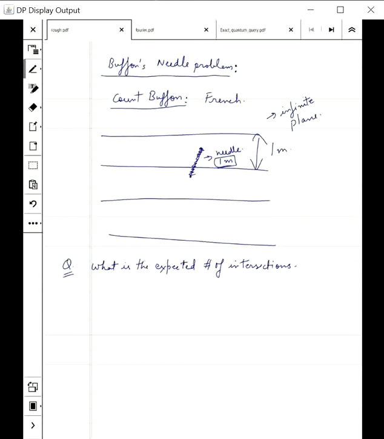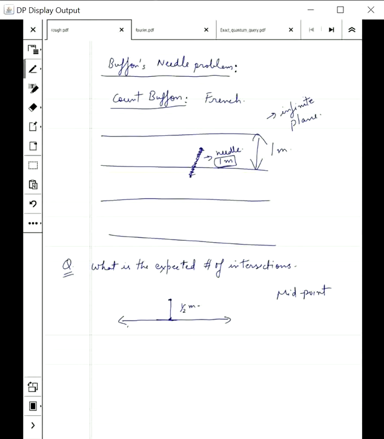So we can assume that the midpoint of the needle is close to one of the lines. So let's say it is closest to this particular line. And to define the sample space, since the distance is 1 meter, I will say that the midpoint of the needle should be at most ½ meter away from some line.